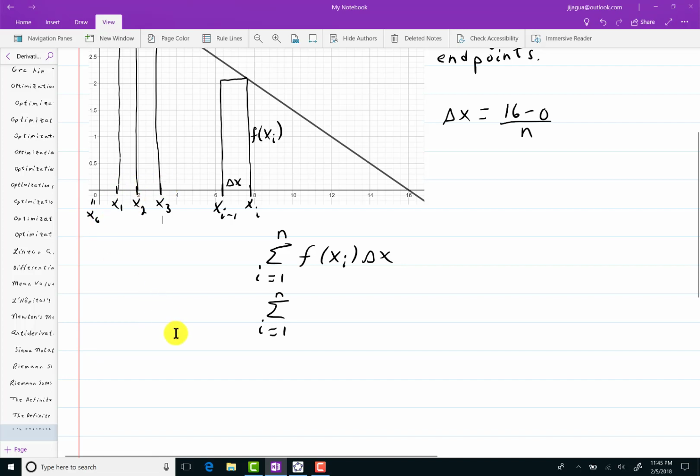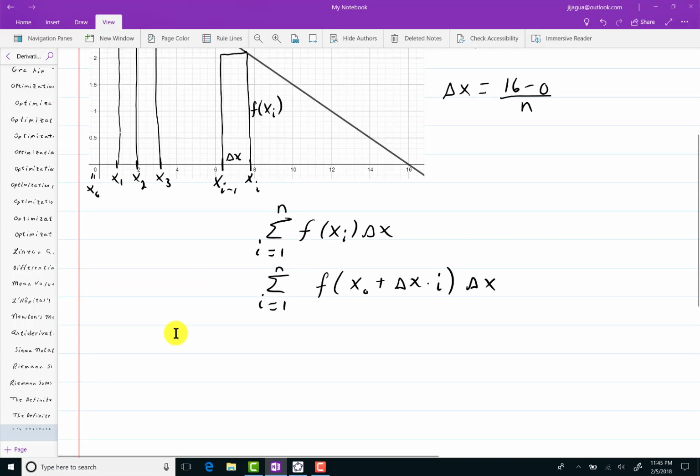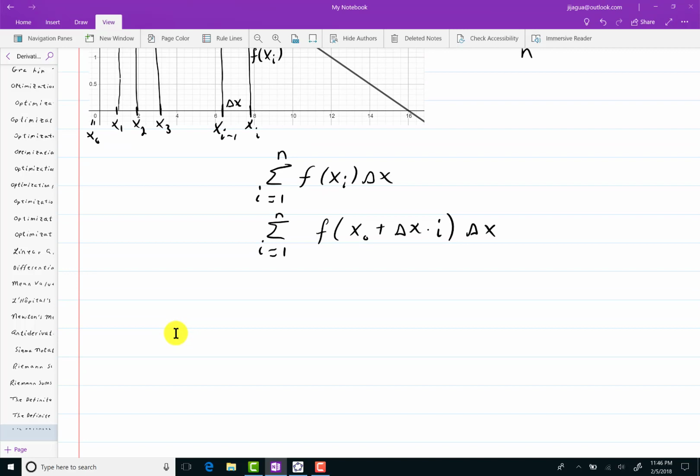So if you want, this should be f of x0 plus delta x times i, times delta x. This is when we were computing just the rectangles.